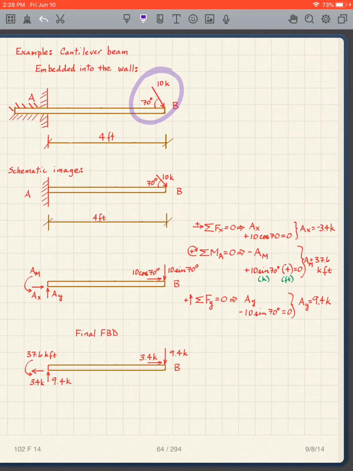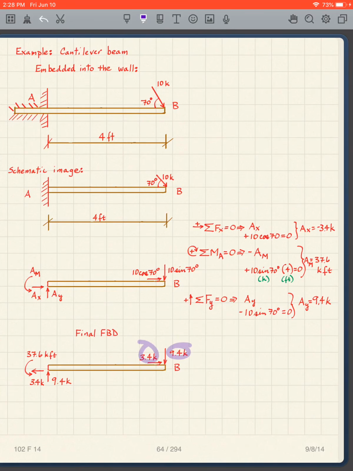For this load, I've got 10 sine 70 and 10 cosine 70. It goes downward to the right. The vertical one is going to be sine of the angle because this is with respect to the x-axis. The horizontal one is going to be cosine of the angle, so I do that.